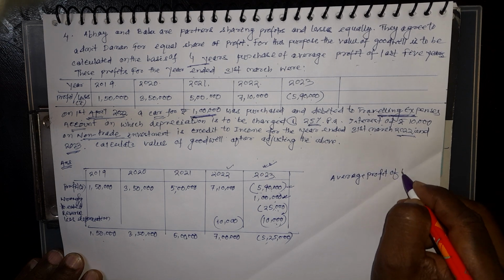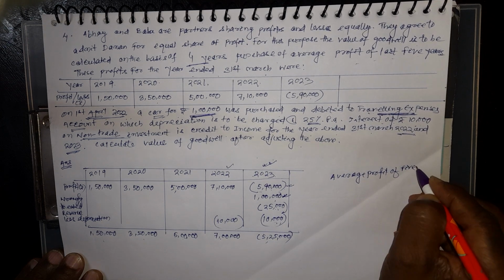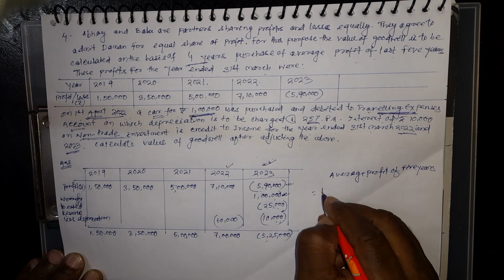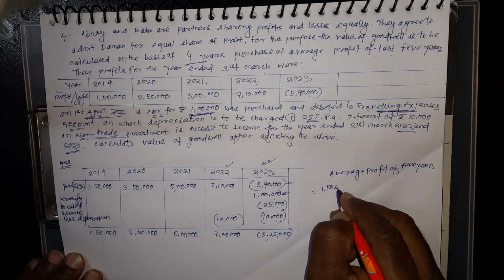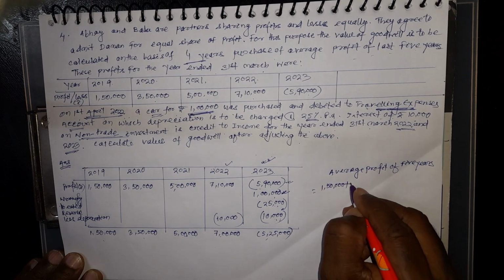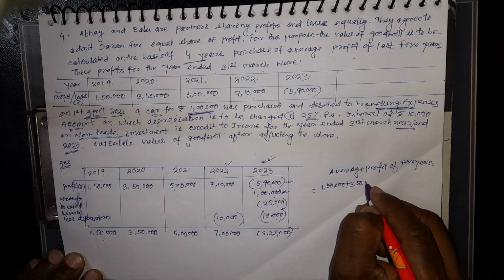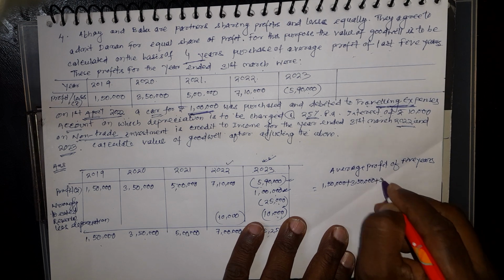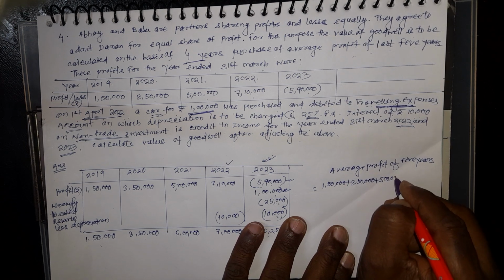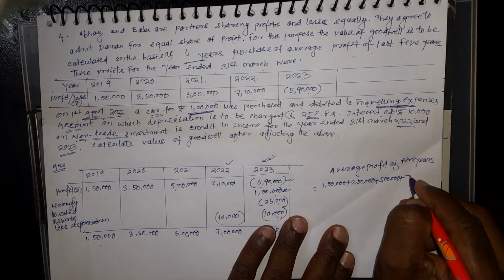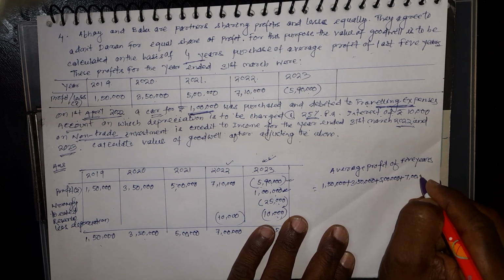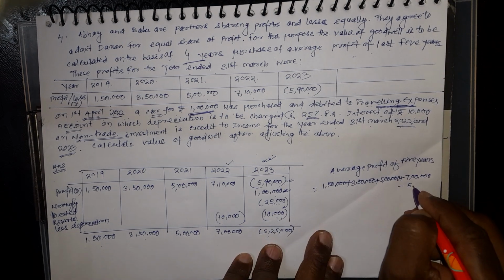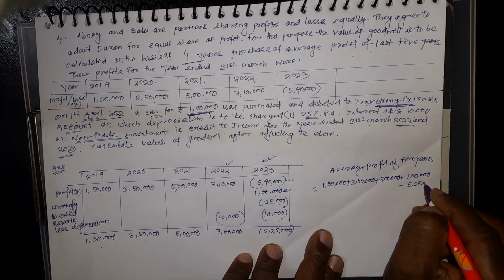We write the values: 1,50,000 plus 3,50,000 plus 5 lakh plus 7 lakh minus 5 lakh 25, because whenever there is a loss we have to minus it.